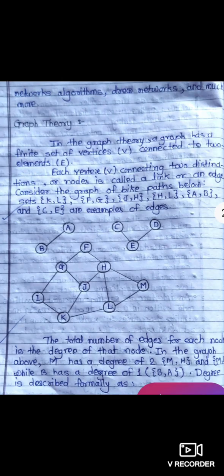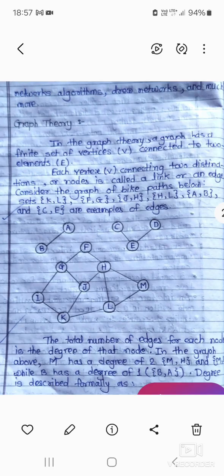In the graph above, M has a degree of 2, that is MH. Means M is a node and M is connected with vertex H. So this is an edge, that is MH, and ML.